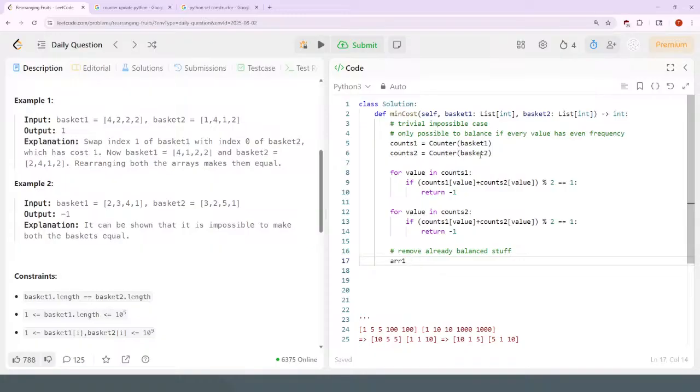Actually, this probably needs to be constructed, huh? For every value in counts 1, I would find the difference between how many times that occurred and how many times it occurred on the other side.